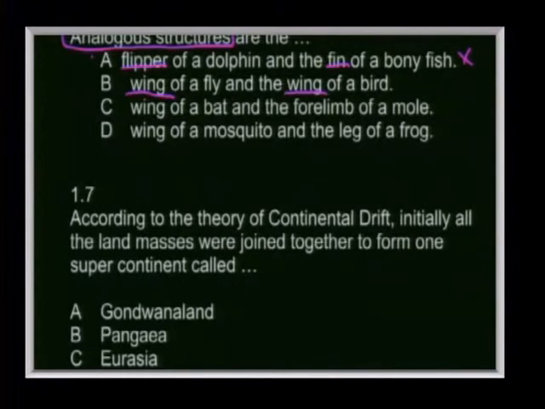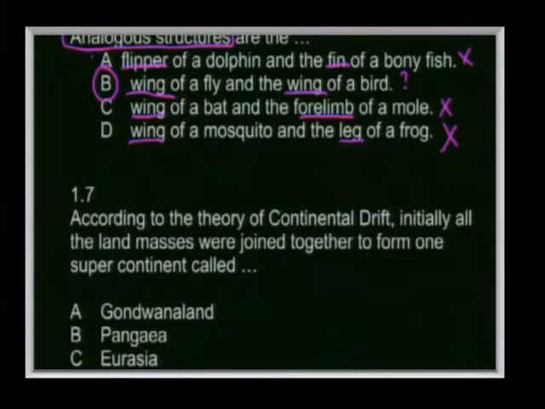So for B, you can see a wing of a fly and a wing of a bird. Now remember, both of them have basically the same function. So it could be, I'll put a little question mark there, so it's a possibility. Wing of a bat versus the forelimb of a mole, two totally different functions, so that would exclude them. Wing of mosquito, leg of a frog, two different functions.